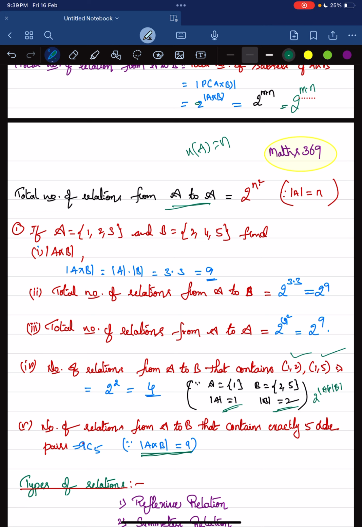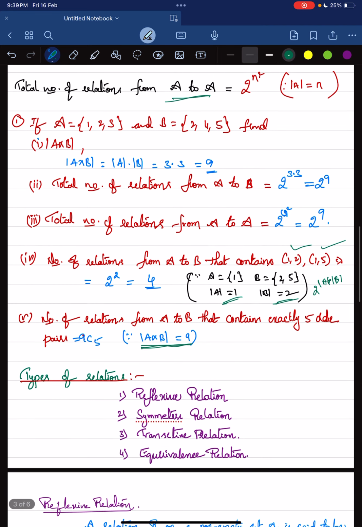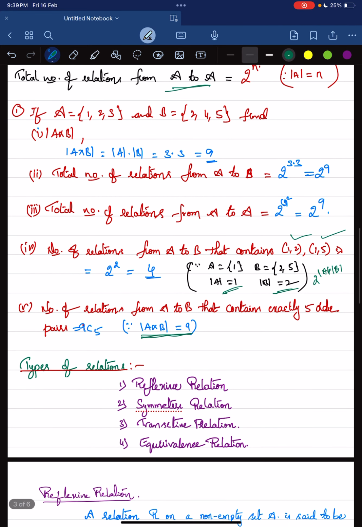Now let's discuss the types of relations. It's a very important topic, a very important concept. Types of relations: reflexive relation, symmetric relation, transitive relation, equivalence relation.